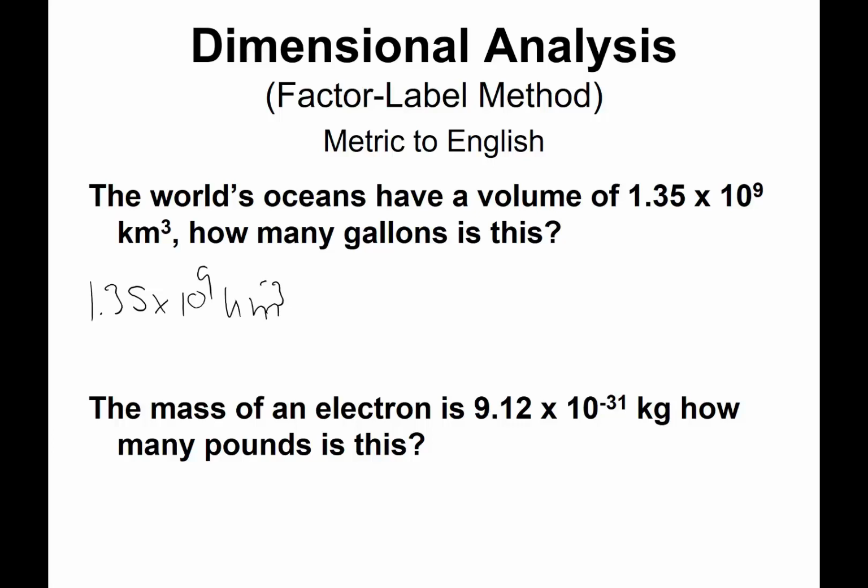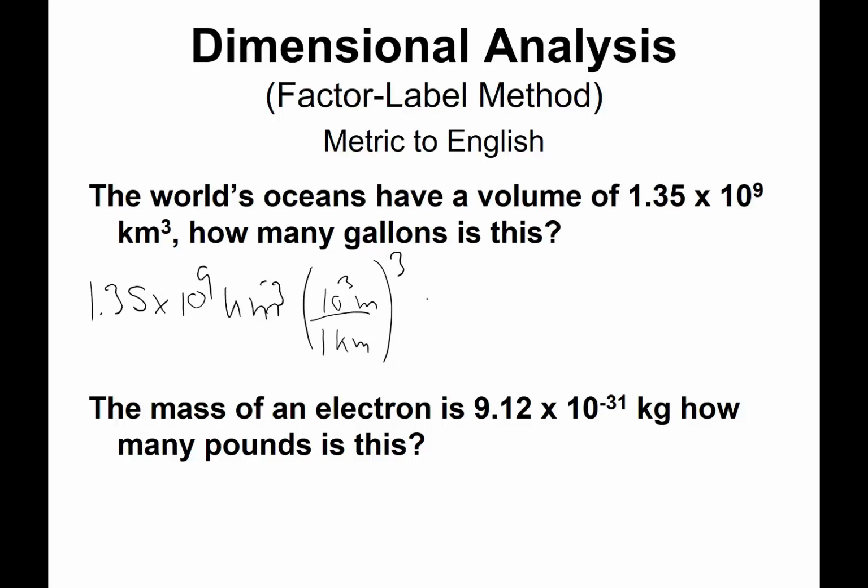Okay, so now we can go from km, and you have to cube that, right? So there's 10 to the 3 meters for 1 km. But this we have to cube because of the unit, right?